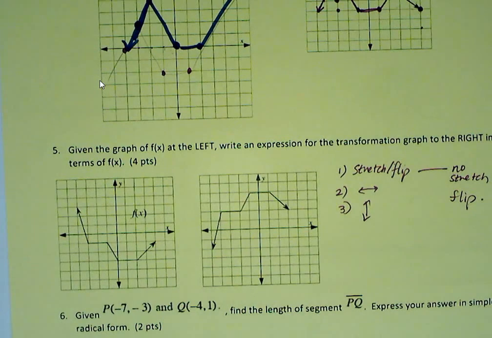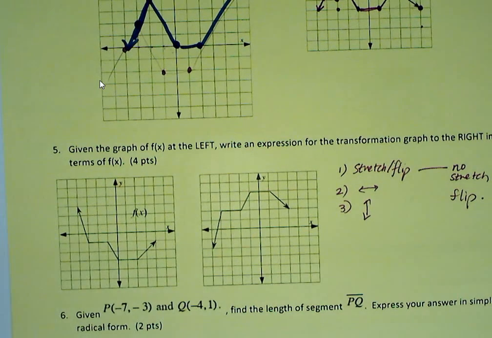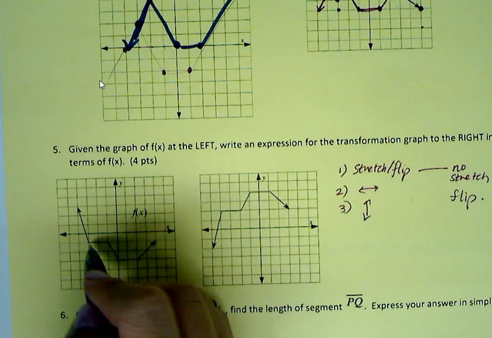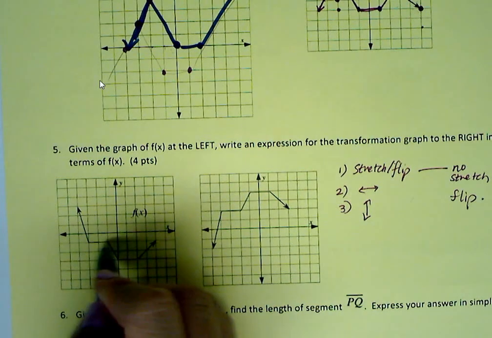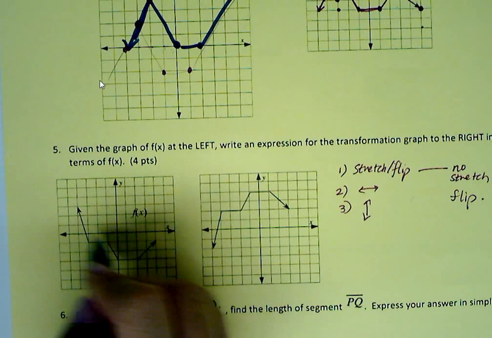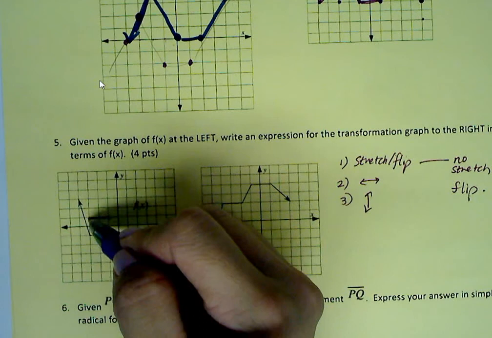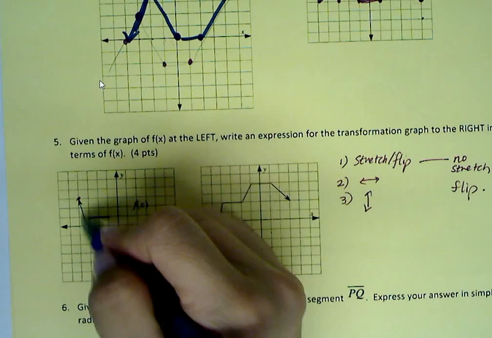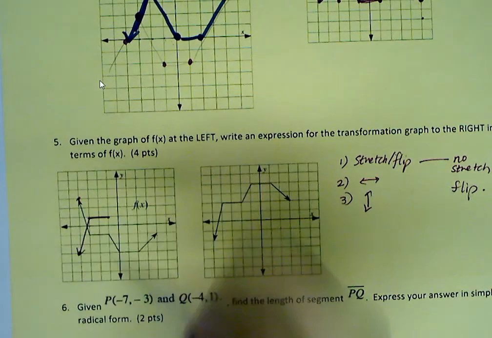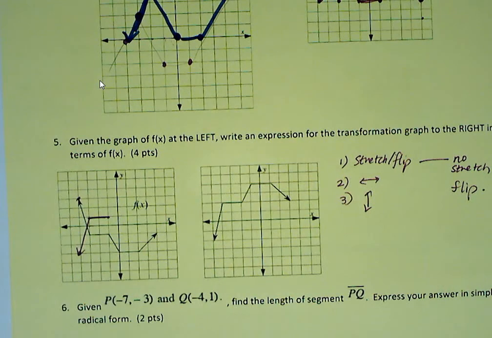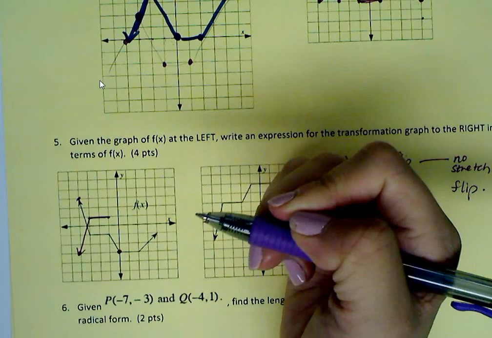You see that? This point right here, the y value is -3, so it's going to flip to +3. This whole thing is flat on -3, so it will be flat on +3. And it will go like this. You see that? Do you see how this is a mirror image right here? Because it just flipped? Okay.